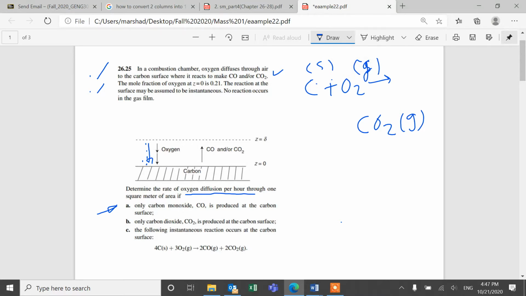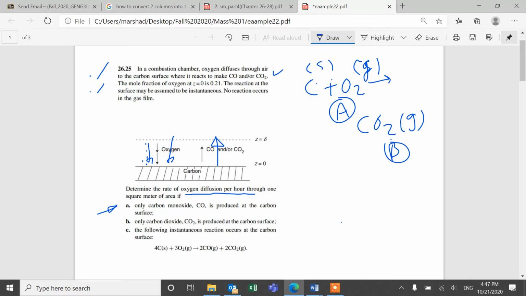So this is A, this is B. The direction of diffusion of A and B is opposite: one is diffusing in and the other is being produced and diffusing out from the surface. If we apply the stoichiometry here, we want to relate the flux.